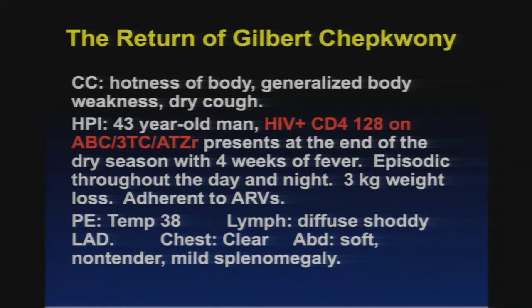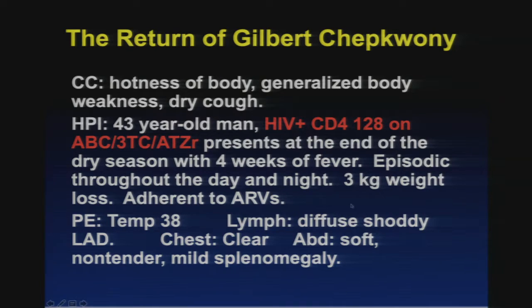Return of Gilbert Chepkwony. This patient has fever, generalized body weakness, and dry cough. He's a 43-year-old man who has HIV. He's on abacavir, 3TC, atazanavir, ritonavir, presents at the end of the dry season with 4 weeks of fever, episodic, with weight loss. He's adherent to his ARVs. He's febrile.